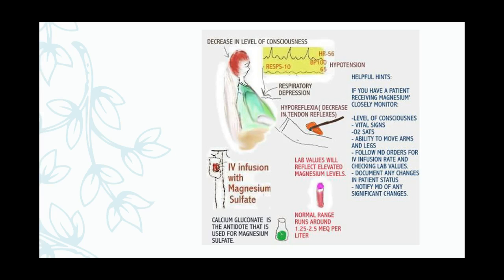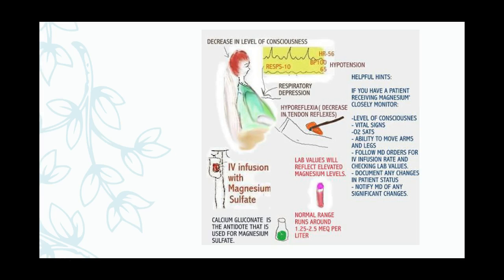If you have a patient receiving magnesium, we want to closely monitor that level of consciousness, vital signs, their O2 saturation, the ability of them to move their arms and legs. Magnesium makes you very, very drowsy, fatigued, and if your mom cannot move her arms and legs, she is probably MAG toxic.